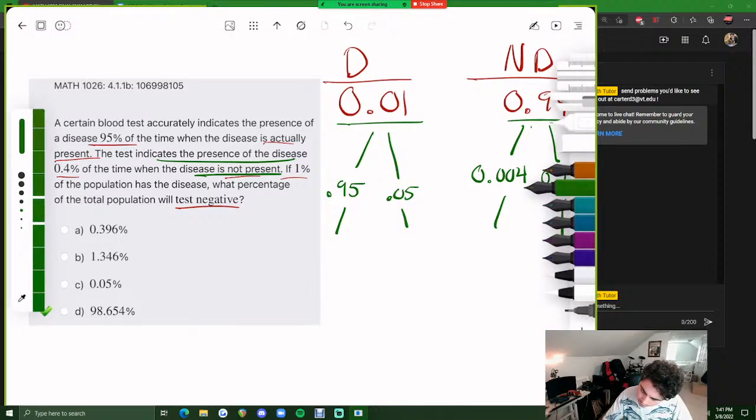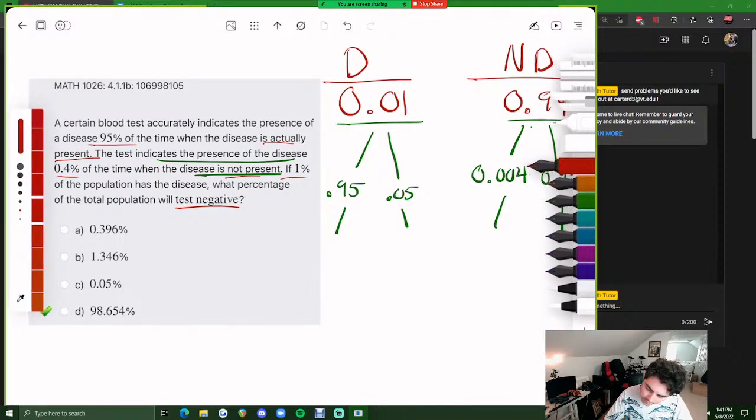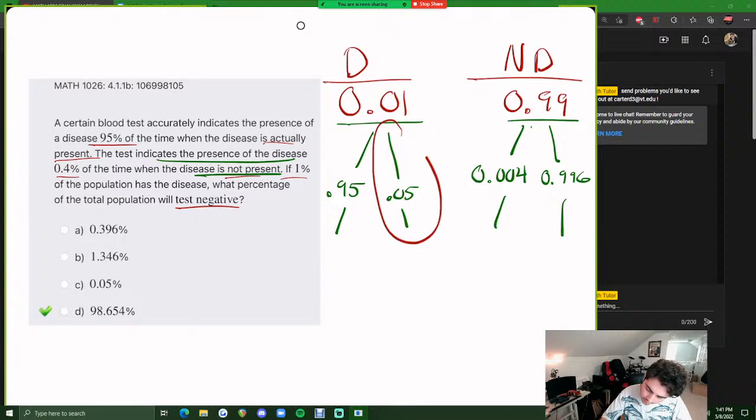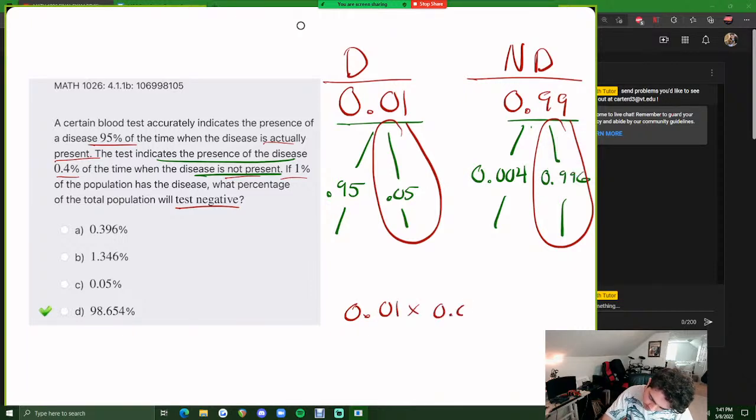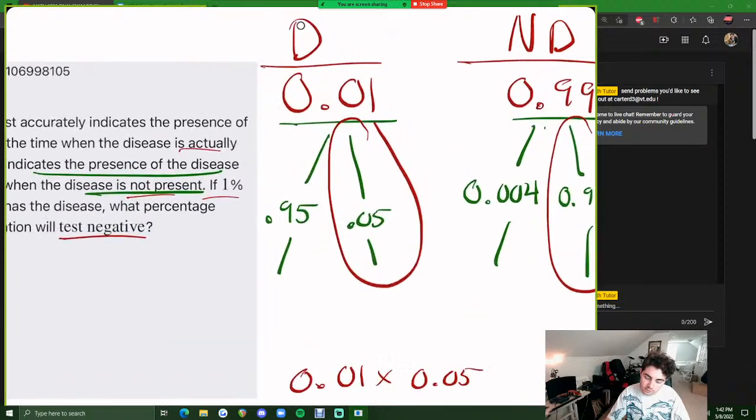Keep in mind the way we've organized this is that these are all the negative tests. So we can really just calculate these paths here, these stems, whatever you want to call them. So we're just going to do 0.01, this value at the top, times 0.05. This will give us the false negative.